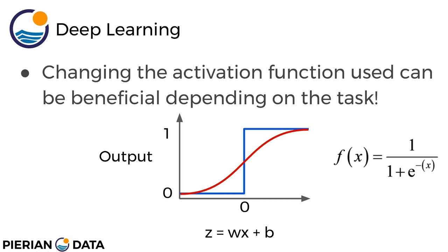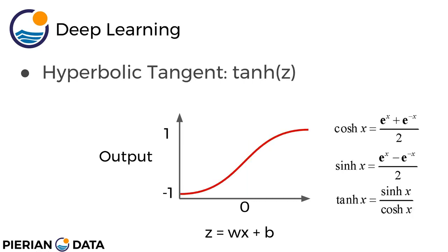So if we look at the sigmoid function again, that went from 0 to 1, and that was equal to 1 over 1 plus e to the negative x or negative z, whatever the input is. And now for the tanh, or hyperbolic tangent function, it goes from -1 to 1, but still has that same sort of behavior shape. And if you're interested in how to express the hyperbolic tangent mathematically, over here on the right-hand side are the actual equations for it.